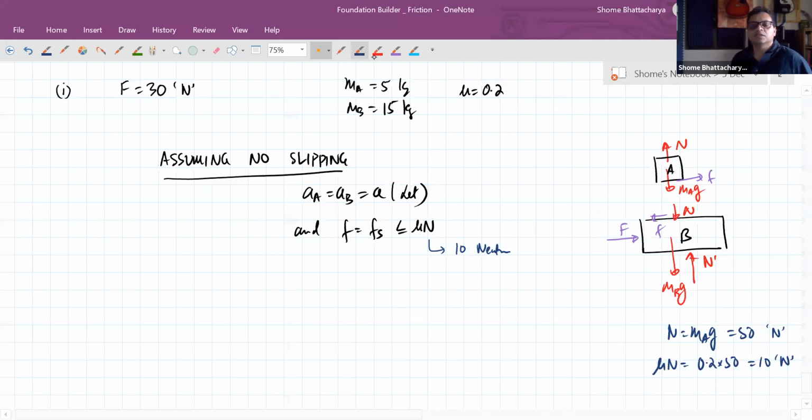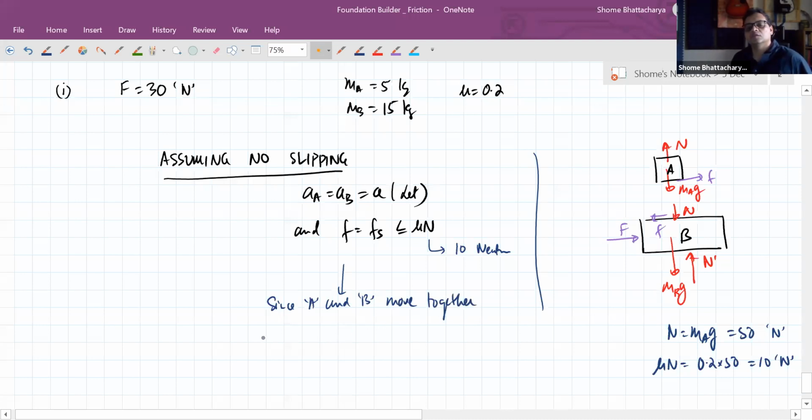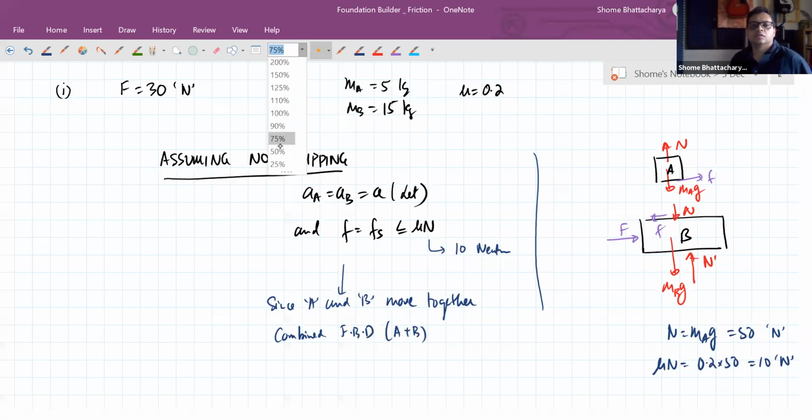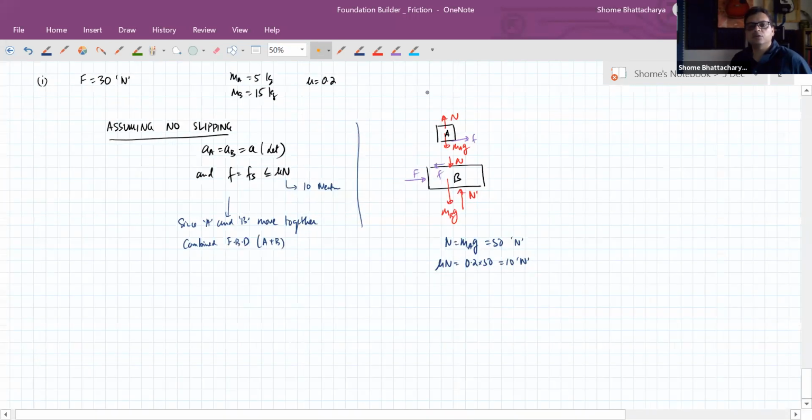Now, if we make this assumption that the friction is static, then since A and B move together under this assumption, we can make a combined free body diagram of A plus B. In that combined free body diagram, it is moving as one solid single block on a frictionless surface.